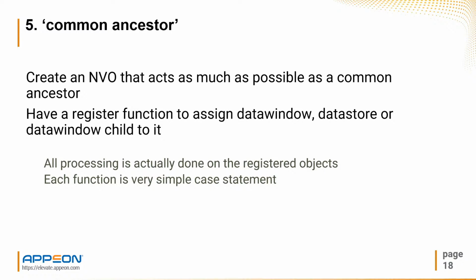It's not like shared data where you're doing the operations on a copy of something, but you're doing it on the actual objects. So it's pretty straightforward. What ends up happening is each function you're creating is actually a very simple case statement, so it's pretty fast. You also have the IDE checking of spelling and typos, that sort of thing.